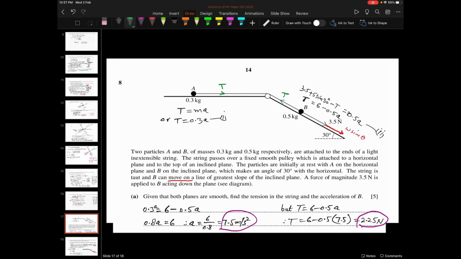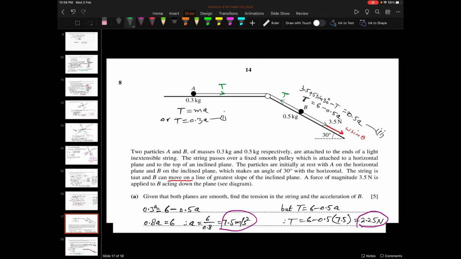Now, forces acting on particle B are three forces: 3.5 Newton and W sine theta acting down the slope or inclined plane, and tension is acting towards the pulley.